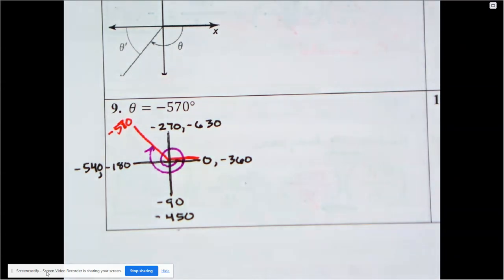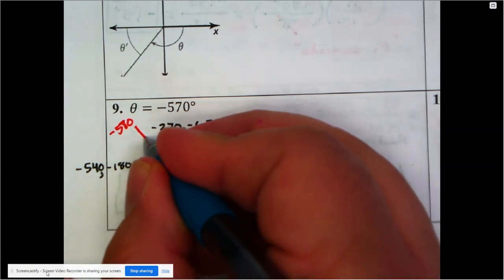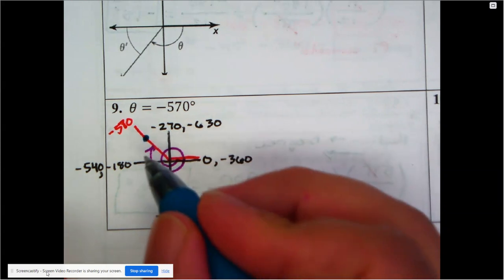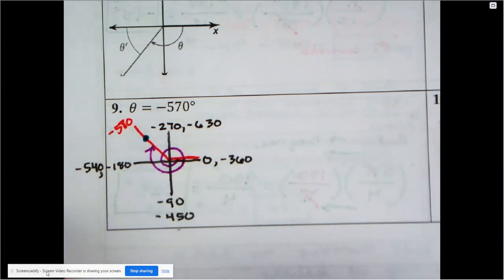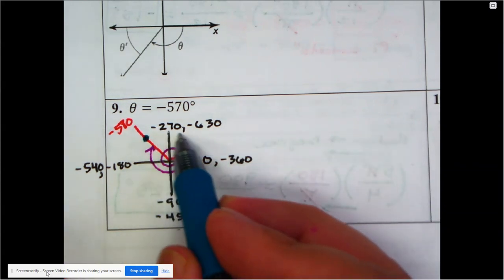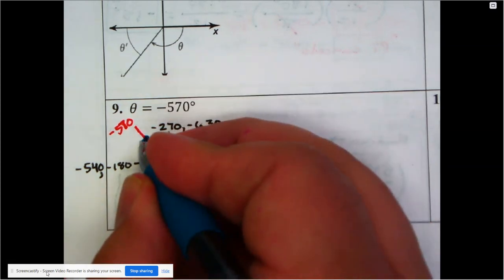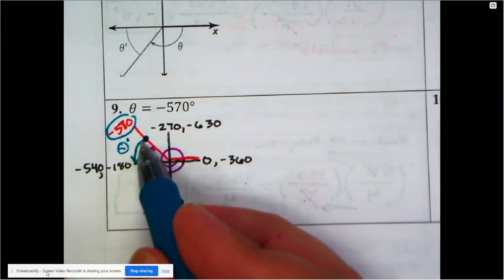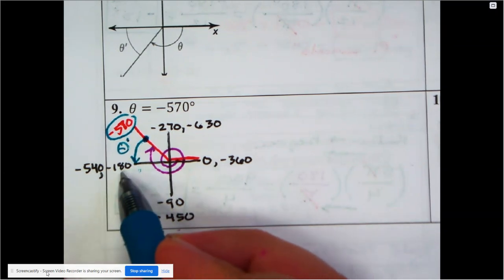Well, if I'm going to try to find a reference angle, we just said a reference angle goes, let me stand right here on my terminal, shortest distance back to the x-axis, never the y. So I'm not going to go all the way this way. That's too far. This is the shortest distance. That's theta prime. So what numbers am I going to use? 570. And because I went back to these, well, 180 wasn't it.